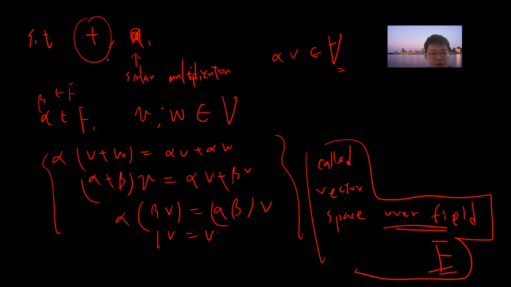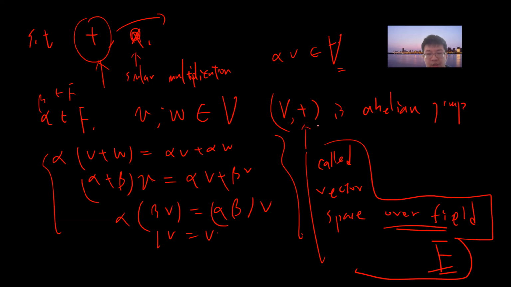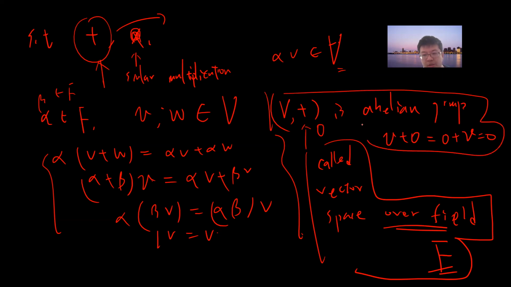So quickly, I should add another axiom: you work in V and look only at the plus, and it is an abelian group. So basically you are allowed to have zeros. That means you have the zero vector, and V plus 0 is 0 plus V is V. So you focus on V with plus being an abelian group, and then for the field you add all these.